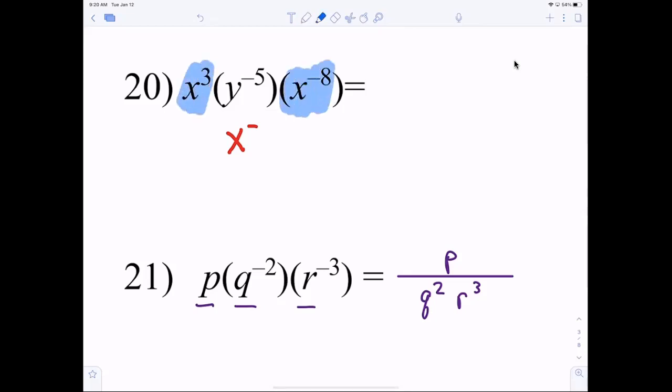Are you agreeing with me? What do I do with those exponents? No. Right? When you multiply, you add exponents. Write it down. So what does that become? X to the what? Good. Right. So what am I doing now?